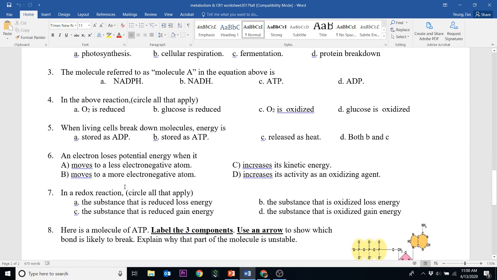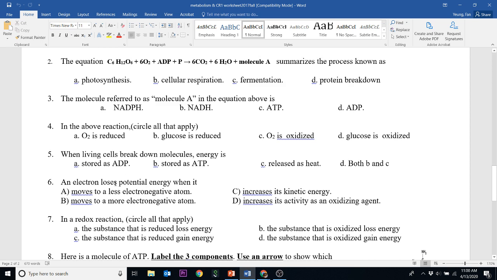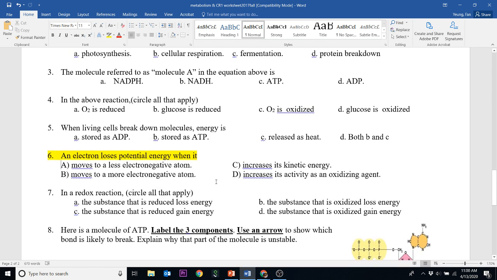Let's talk about, I think most of you get this question wrong. Well, number one, let's do this question first. So an electron will lose potential energy when it... how would an electron lose its potential energy?